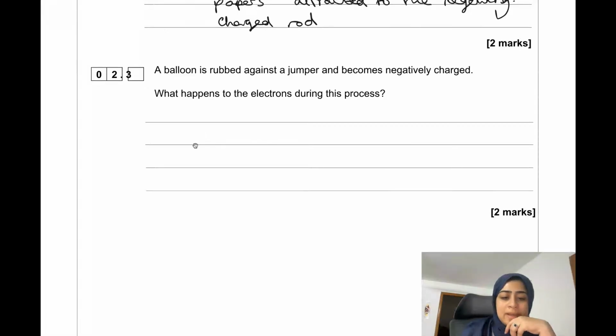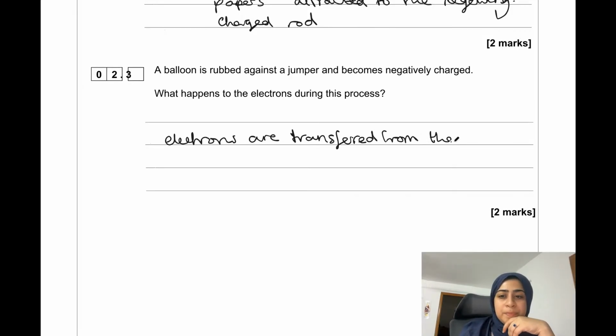So we would say electrons are transferred from the jumper to the balloon.